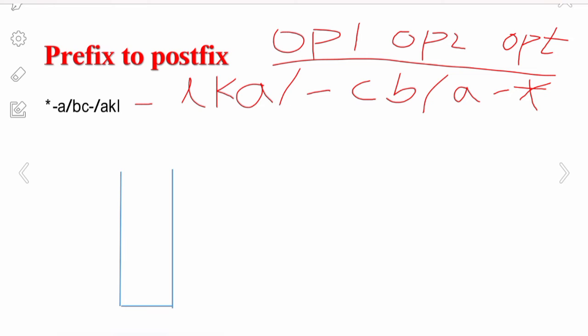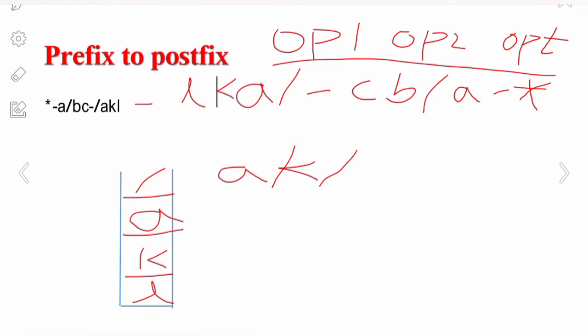Now we will insert the values, first L, then K and then A. After this comes one division operation, so we are going to apply the formula: operand 1, operand 2 and operator, that is the division. So AK division will be inserted to the stack.